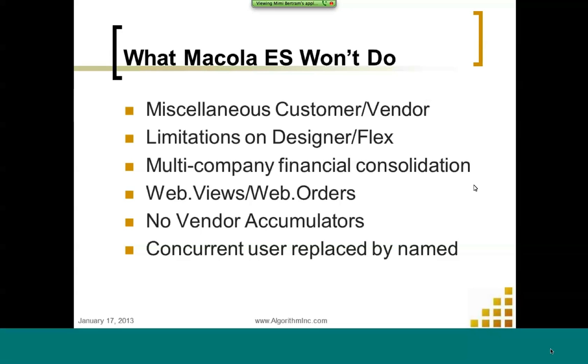So although the function to consolidate two different Progression companies into a third real company is no longer there, the ability to create the consolidated financial statements for two different Macola ES companies can be handled by the Excel add-in.